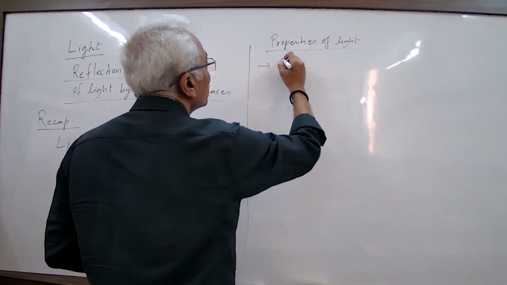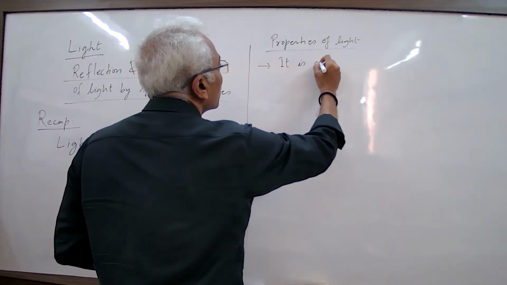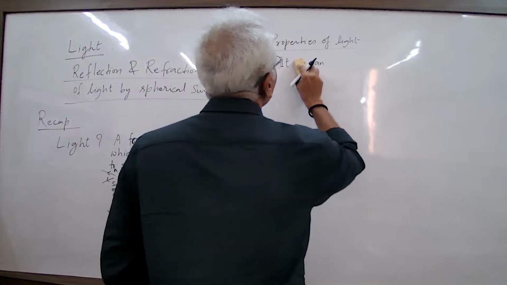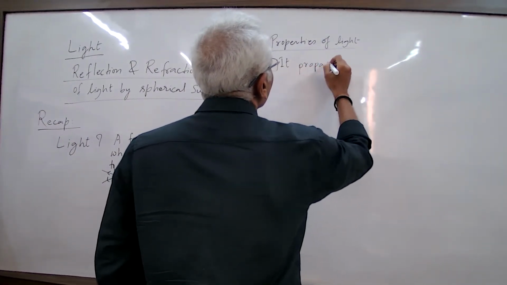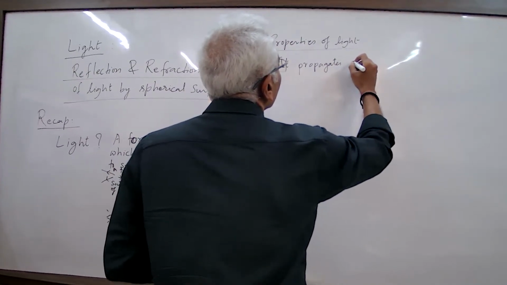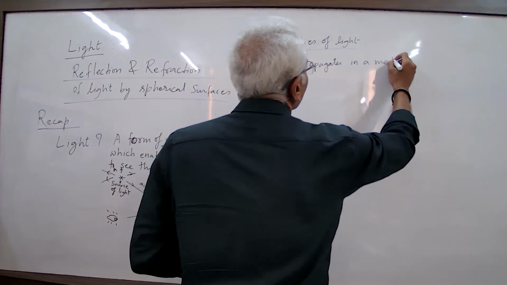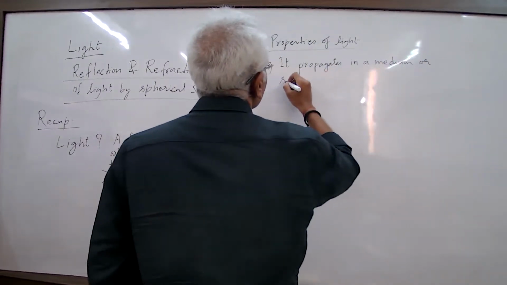First of all, light is an electromagnetic wave. It propagates in a medium or space.